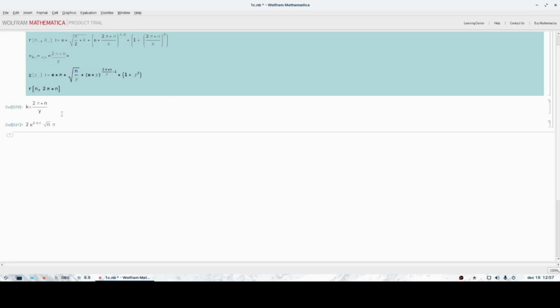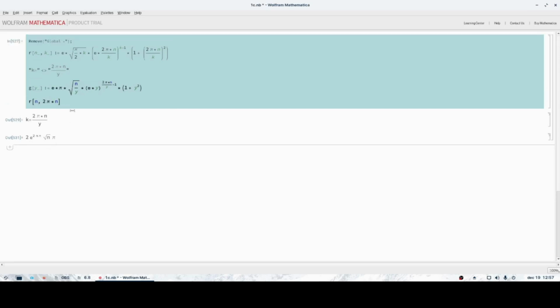Let's see. So this is the remainder term of the Euler-Maclaurin summation formula for the natural logarithm, 1 over this.